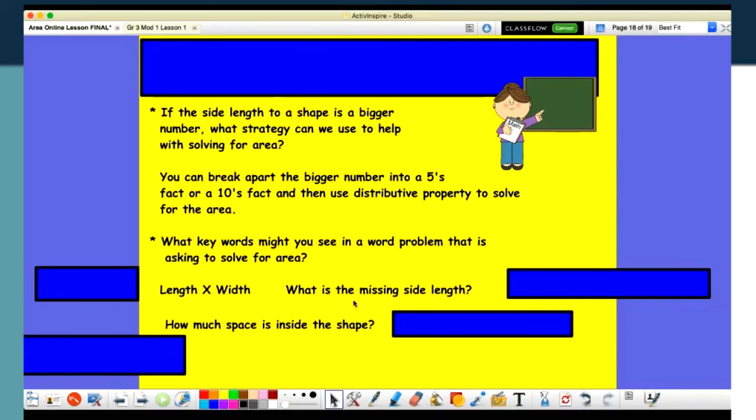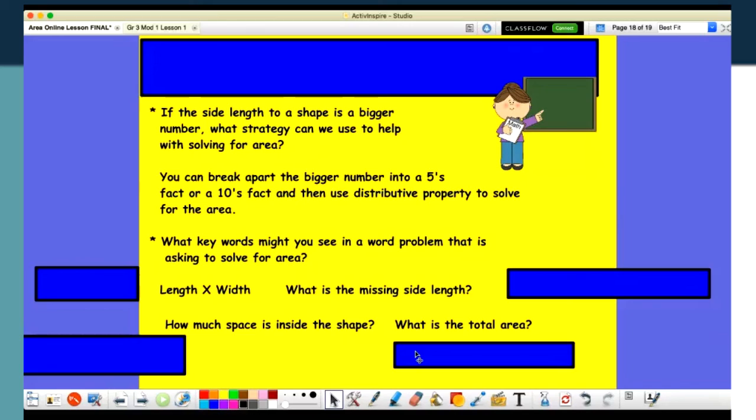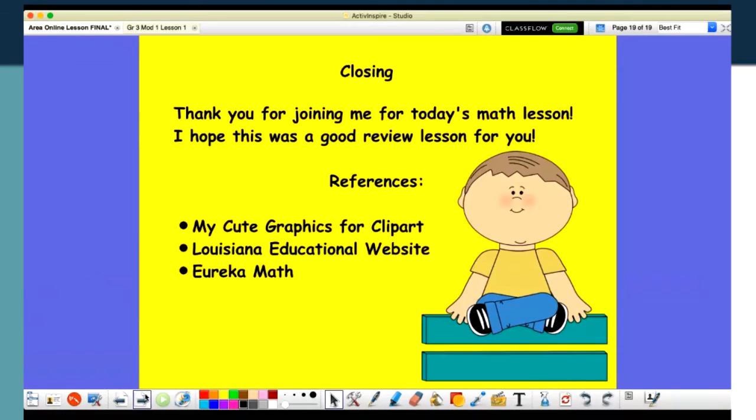So that's kind of incorporating the definition of area. So if you remember the definition, then you would know it's looking for the area. Or you might see a question that simply says, what is the total area? So after today's lesson, you should know how to find area from word problems in a square or a rectangle.